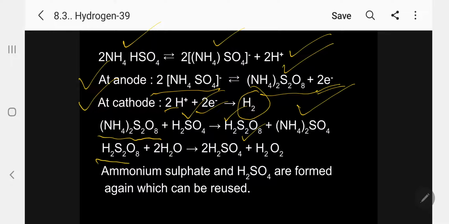So this oleum, on treatment with a suitable mole of water, is converted into the required quantity of sulfuric acid and again hydrogen peroxide. Ammonium sulfate and sulfuric acid are formed again, which can be reused. Kindly follow. Ammonium sulfate and sulfuric acid are formed again. So these can be recycled and you will get more and more hydrogen peroxide.